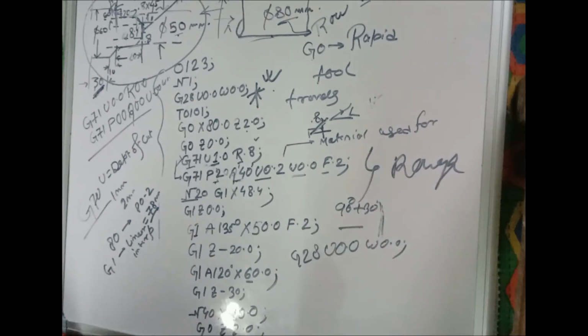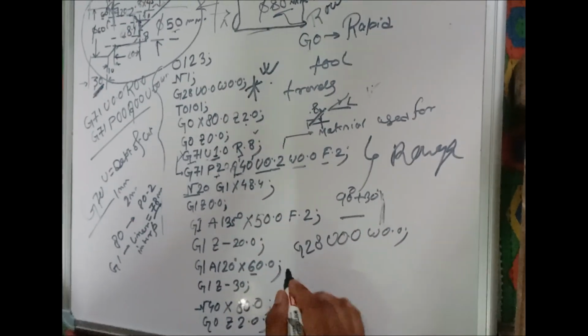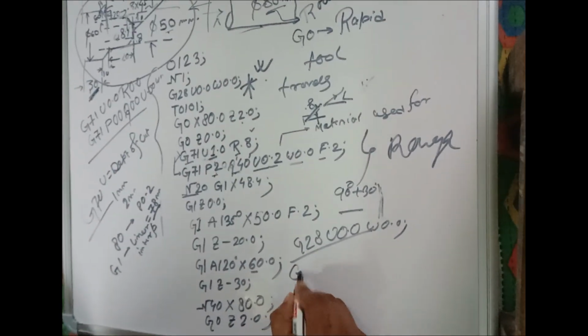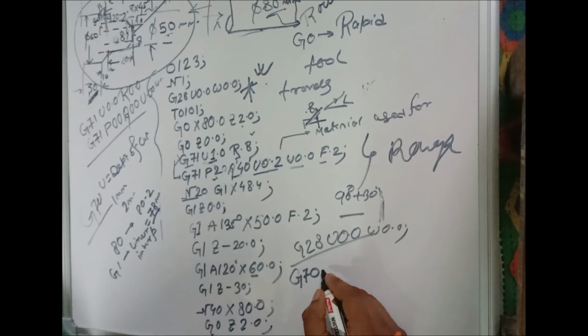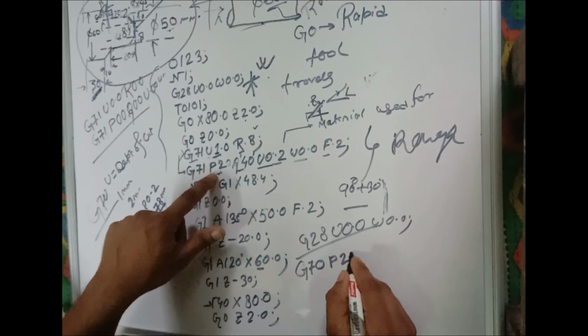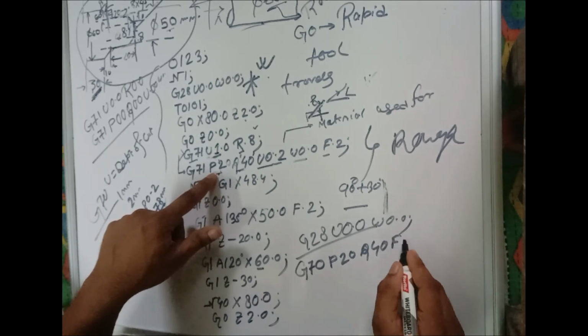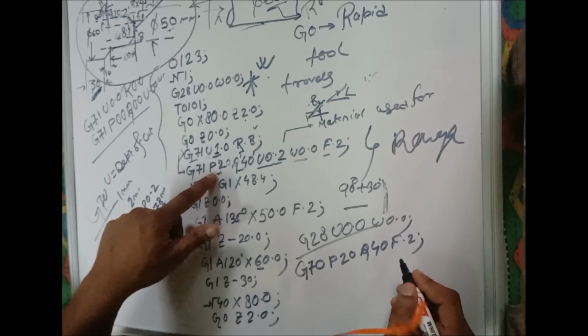after cutting this, if we want to use a finish cycle to remove the material of 0.2, then we will simply write G70 P, whatever we have mentioned there, P20 Q40, and we have to give the feed, that is 0.2, end of block.